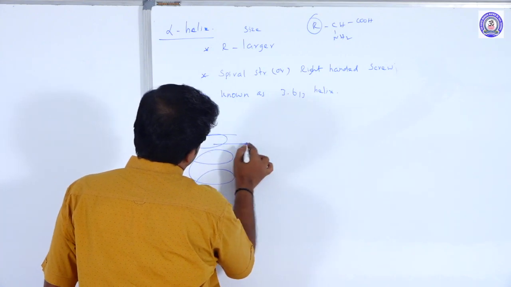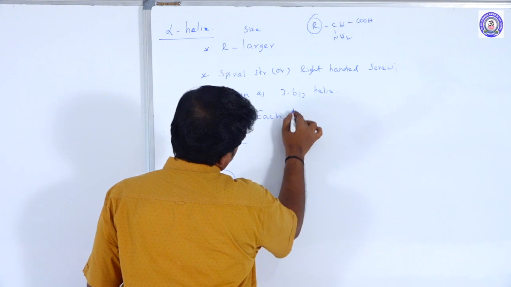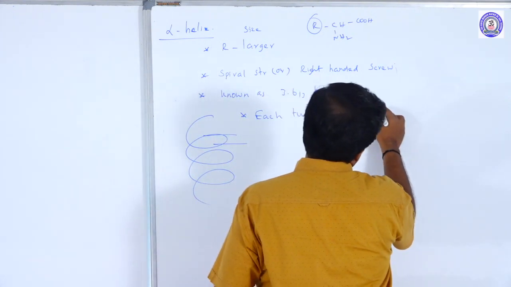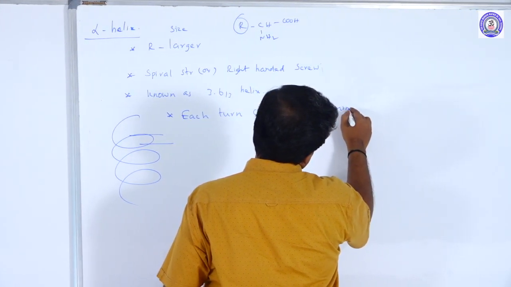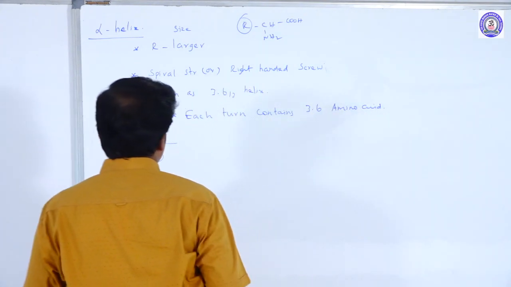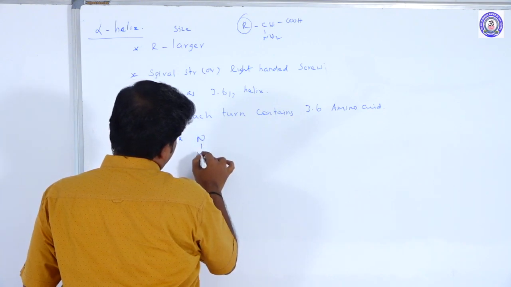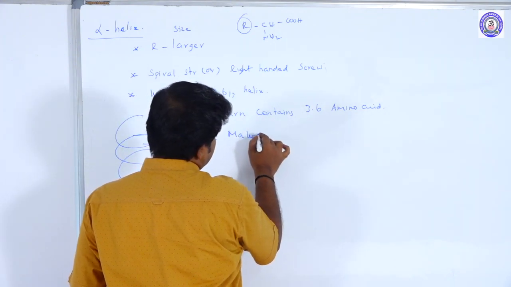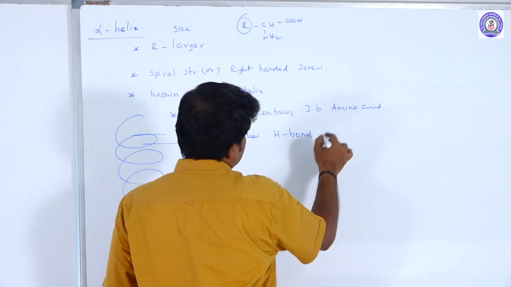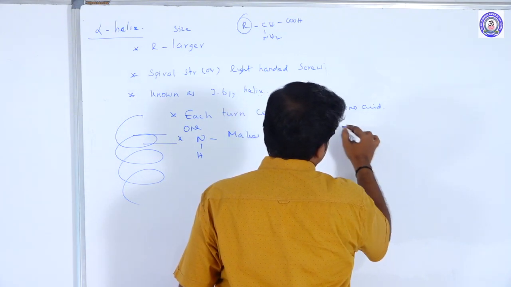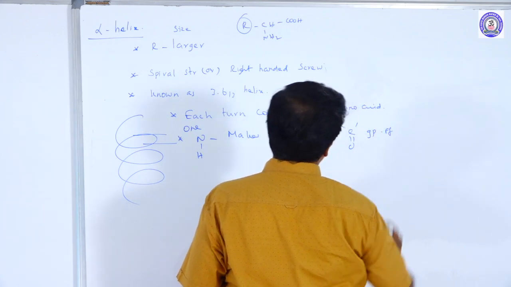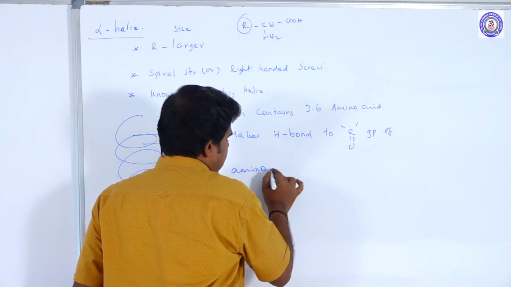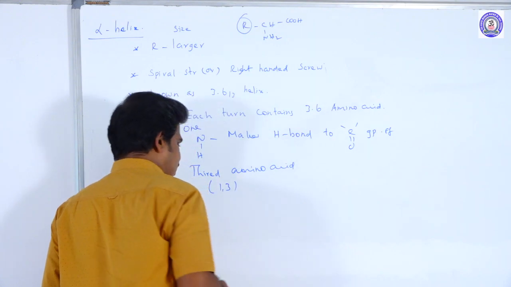Each turn contains 3.6 amino acids, and the NH group of one amino acid makes a hydrogen bond to the CO group of the third amino acid.